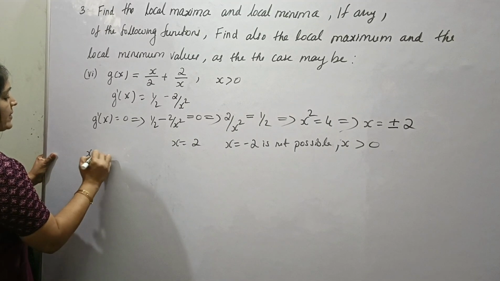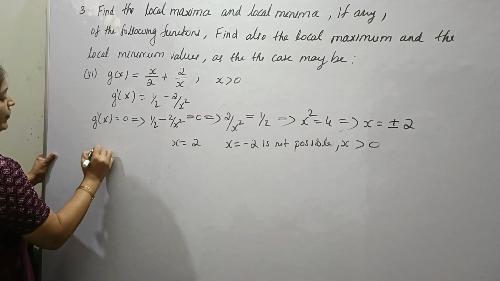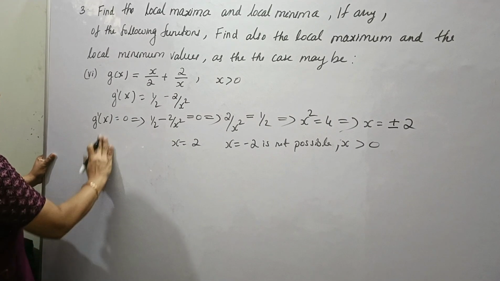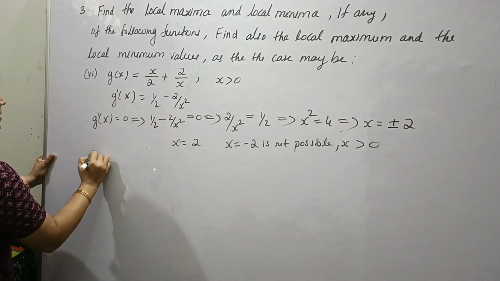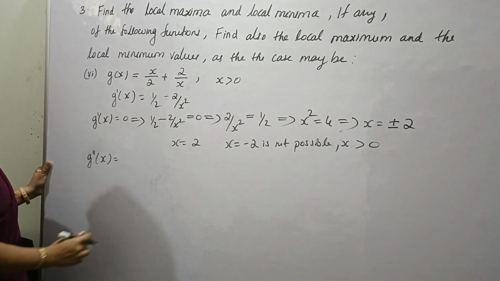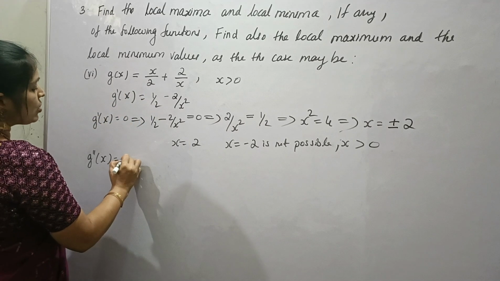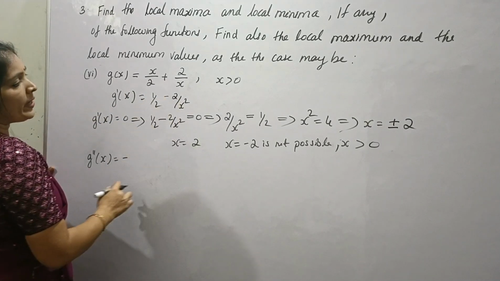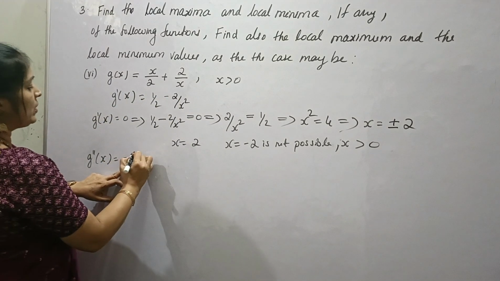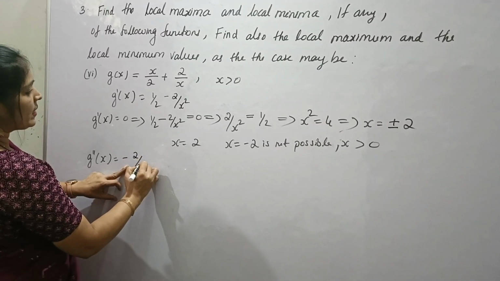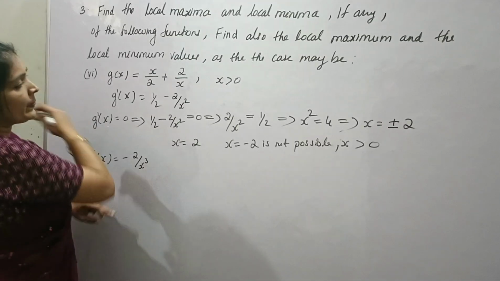Okay. So, x is equal to 2, that is f double dash. We have to find g double dash of x, right? g double dash of x is equal to the derivative of g dash of x. The derivative of 1 by 2 is 0. So the derivative of minus 2 by x square is minus 2 by x cube, right?